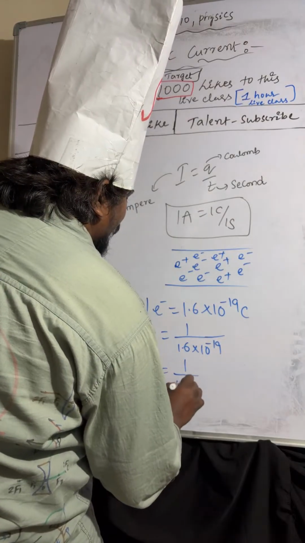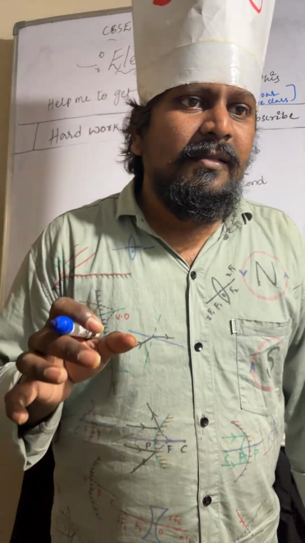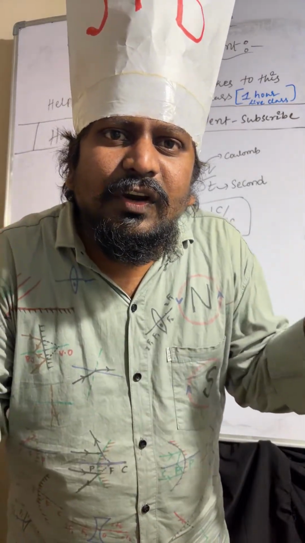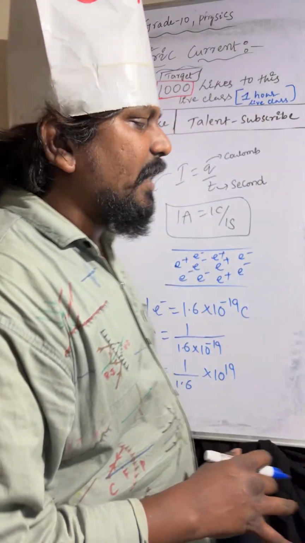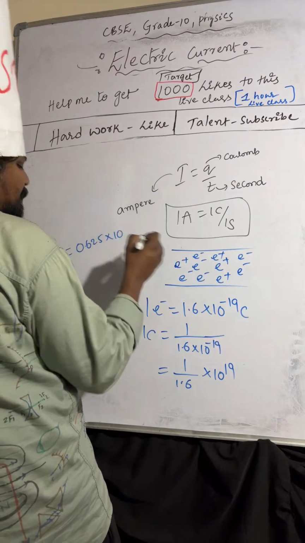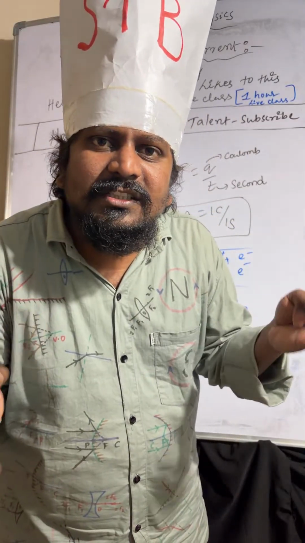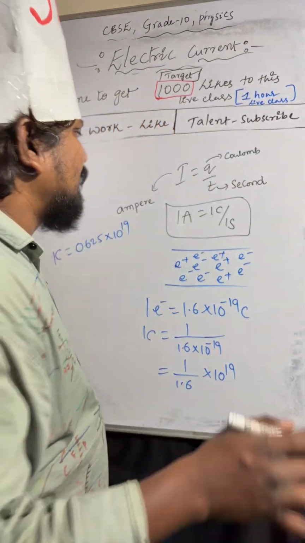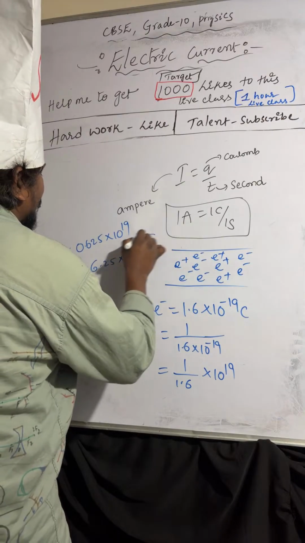Then 1 by 1.6 is 0.625. So in 1 coulomb, 0.625 into 10 power 19 electrons. Shifting the decimal, that is 6.25 into 10 power 18 electrons are present in 1 coulomb.